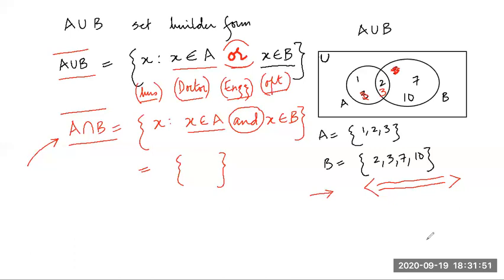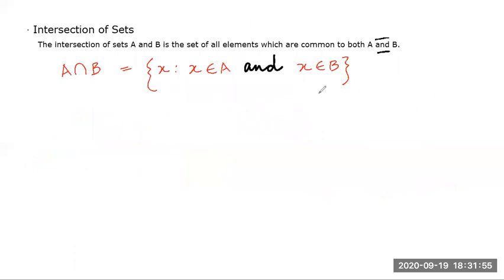So guys, let's go further. A intersection B is already defined. Now we are going to discuss some properties of the operation, but we are not going to prove them in this lecture. In the next lecture, watch out guys, we are going to prove all the properties.